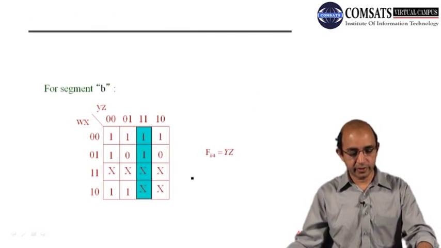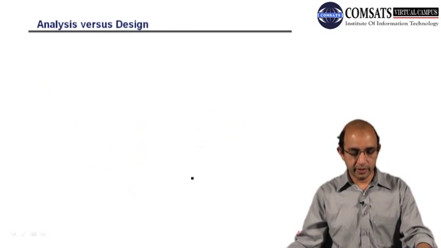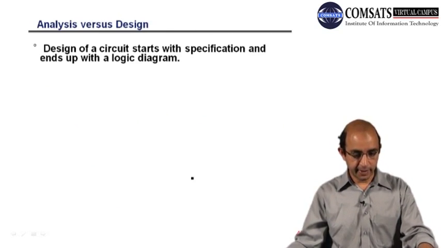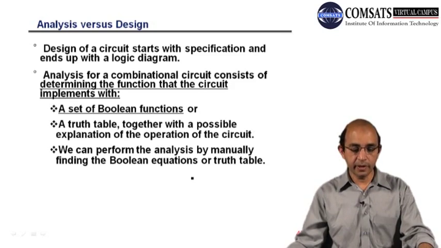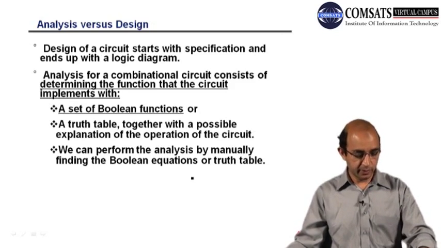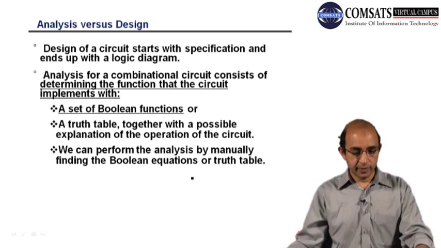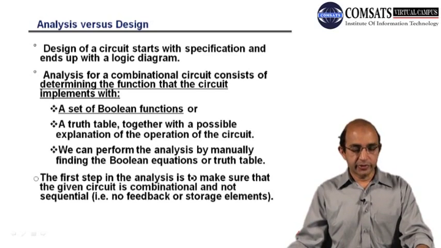This is the same procedure for the other segment, B. You can follow the same procedure for all other segments, starting from A, B, C, D, E, F, G. Because we have 7 segments, you can then finally draw the circuitry. So this is the repetition.